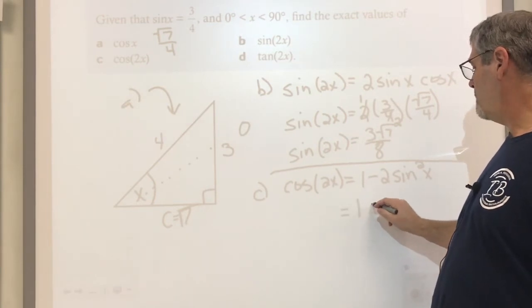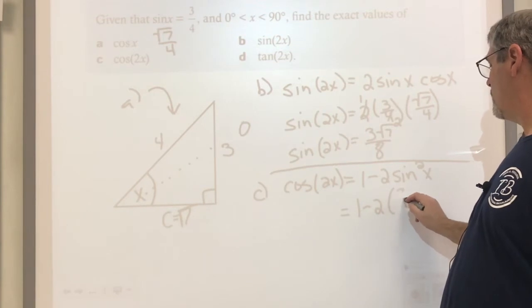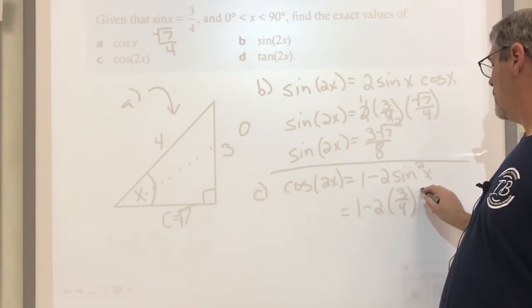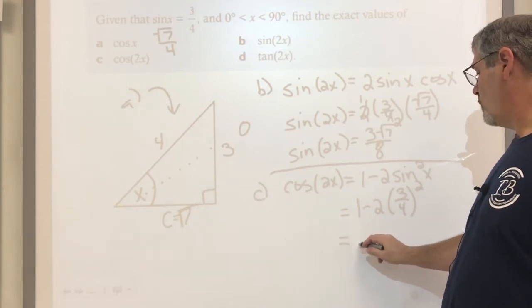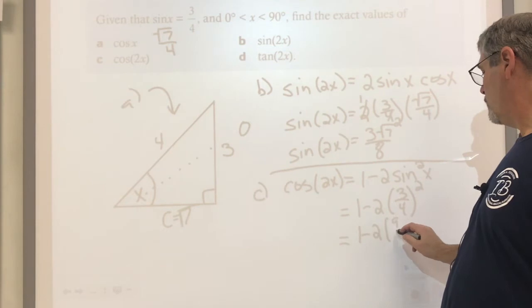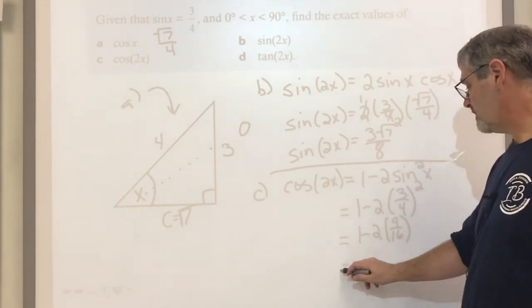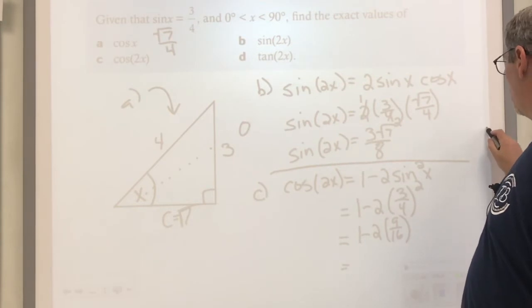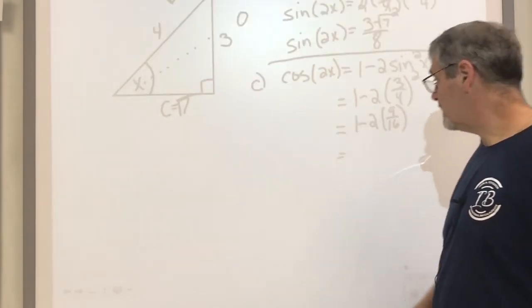I get 1 minus 2. The sine of x is 3 over 4. And I'm going to square that. So I get 1 minus 2 times 9 over 16. If I simplify, oops, let me extend a little bit.